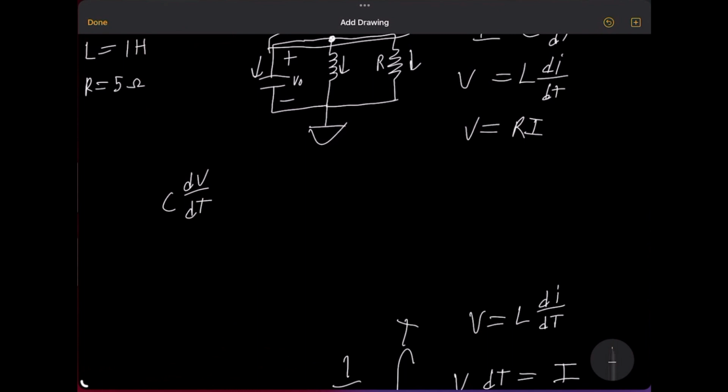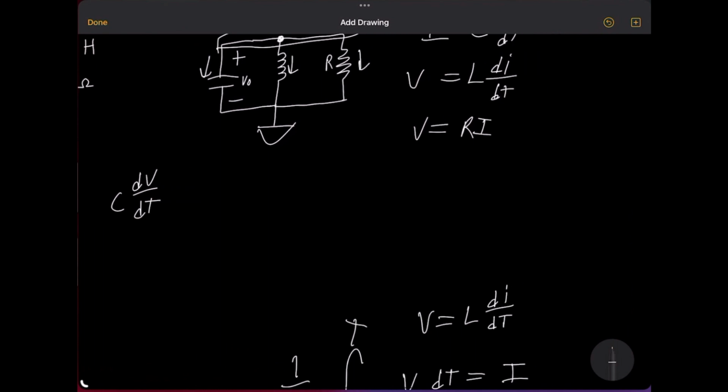And then we know I for a resistor is going to be V over R is equal to I. Plus V over R is equal to I. Alright, so that's I, that's another I for the resistor.